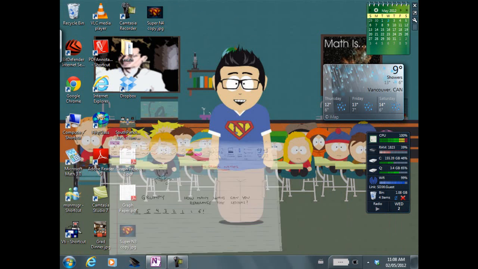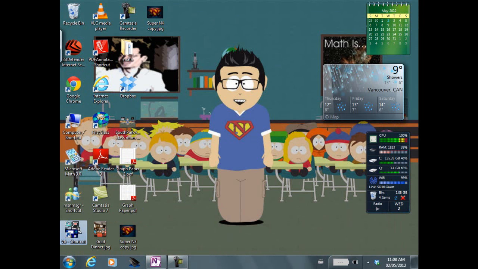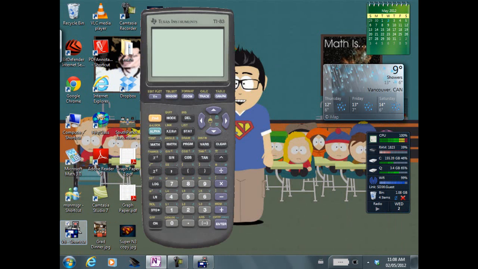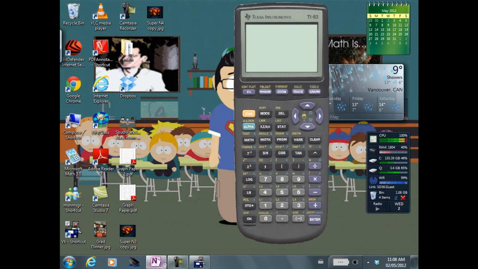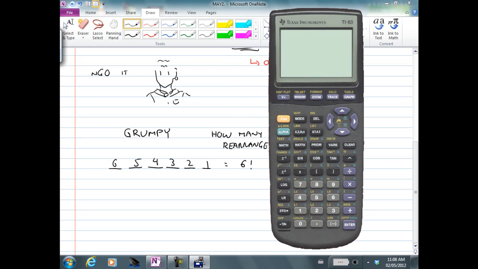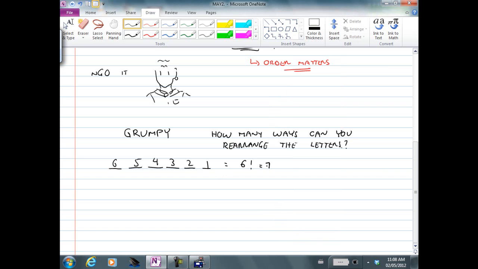If you forgot how to do this on your calculator, you're going to need a TI-83 today. So you go with 6, hit math, go to PRB, all the way down to number 4, hit enter. So you have 720 ways of doing this. I can rearrange all the letters 720 different ways.